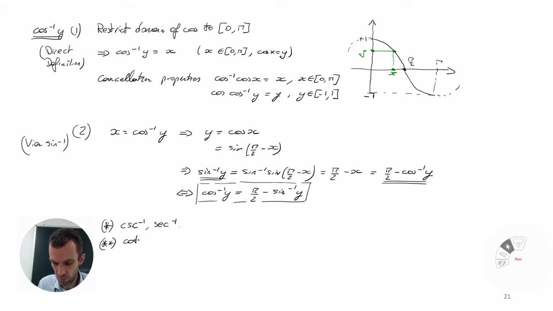You can also define the inverse cotangent, as we already did. And if you follow the same reasoning, you'll find that the inverse cotangent of y is equal to the inverse tangent of 1 over y. So this is quite a nasty-ish function. It's a bit unknown, but this identity lets you turn it into inverse tangent.